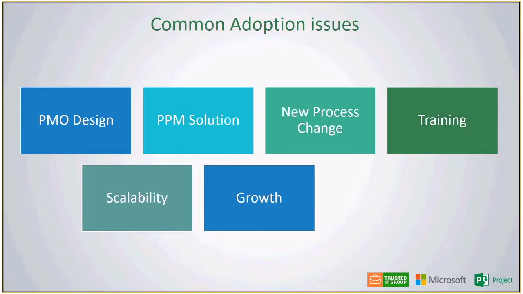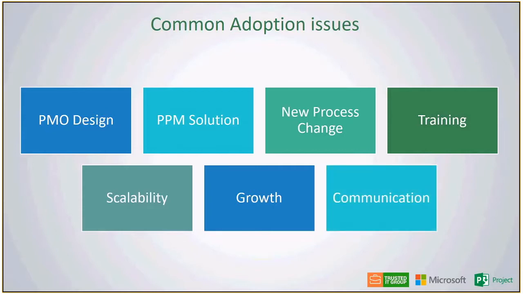The growth goes along with the scalability. The growth is basically to plan and account for projected growth of users, projected growth of projects, projected growth of team members, etc.